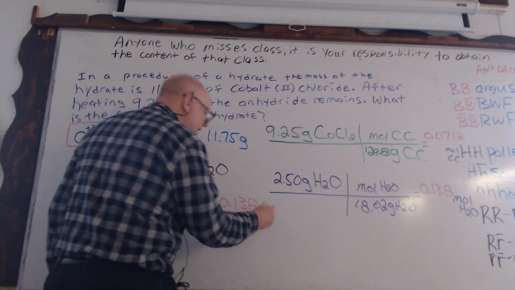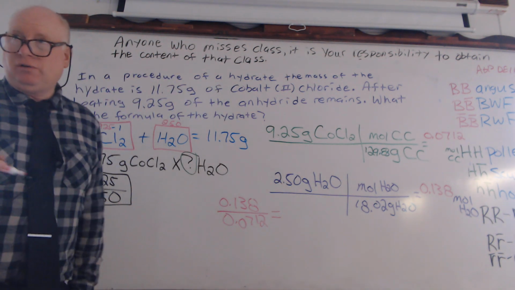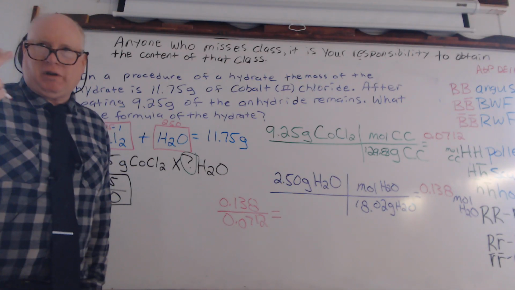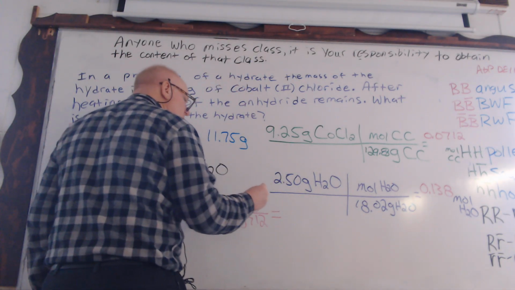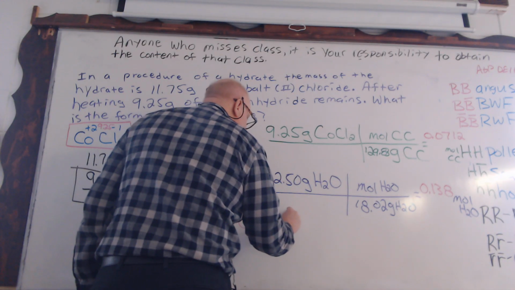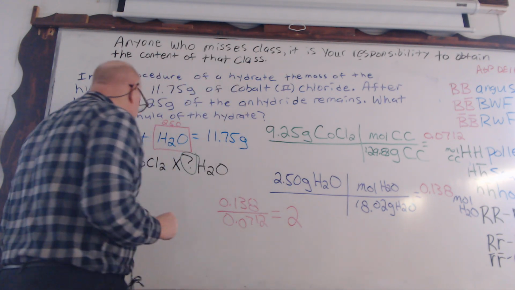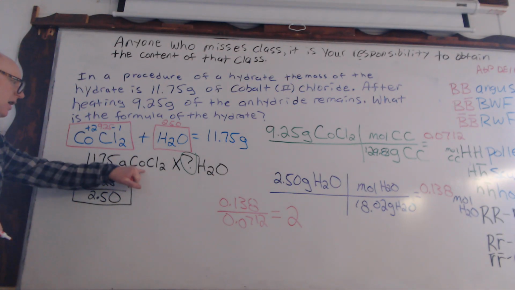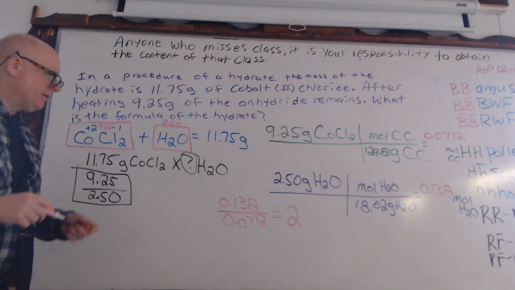And when we divide that out, it comes out to just straight to 2, and it could be 1.98, it could be 2.02. Okay, so then that means for every mole of cobalt chloride in this compound, there are 2 moles of water.